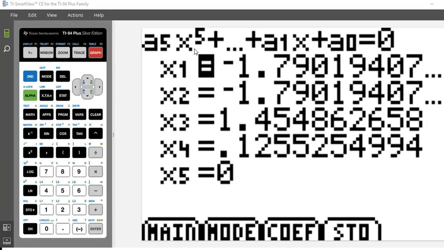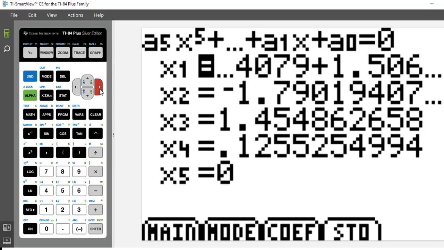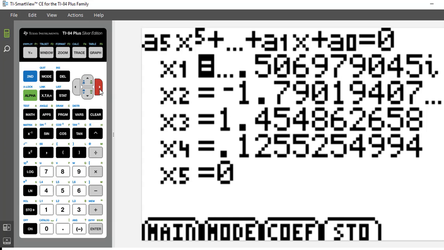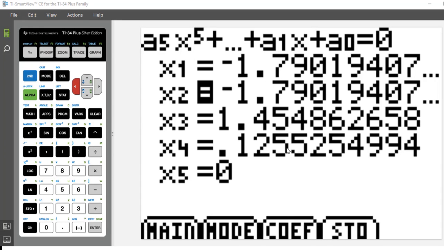For how many solutions you have, it depends on the order of the polynomial function. The highest exponent is 5. You are supposed to get 5 solutions in the complex system. So for the x1, you could say this is a complex solution.